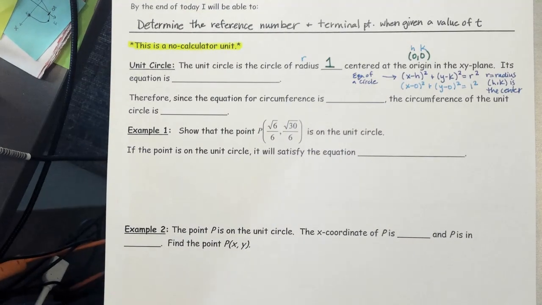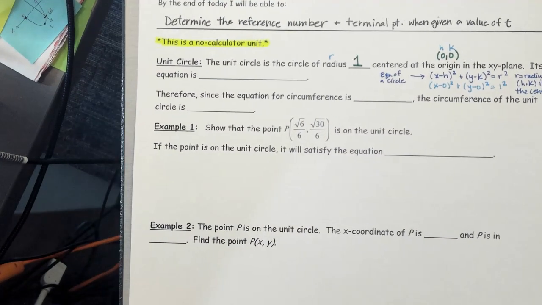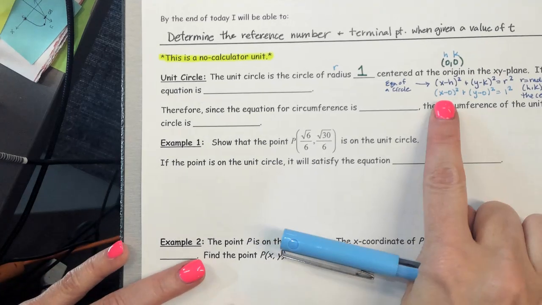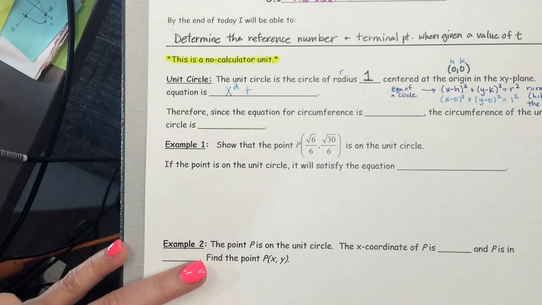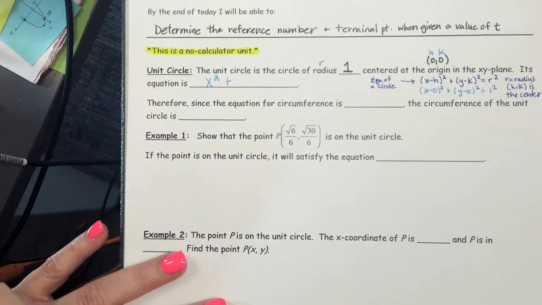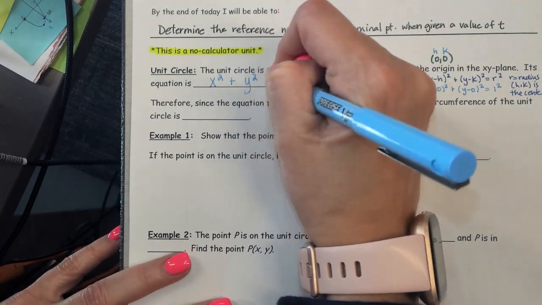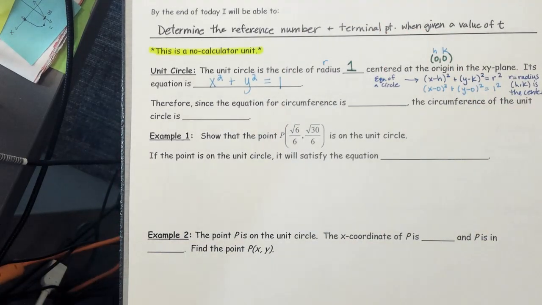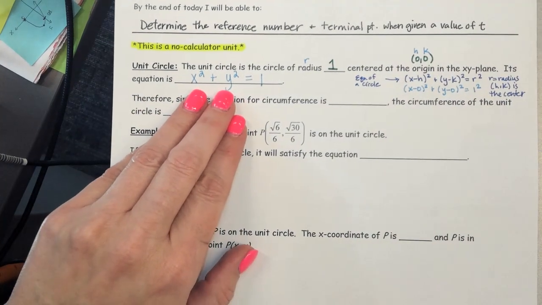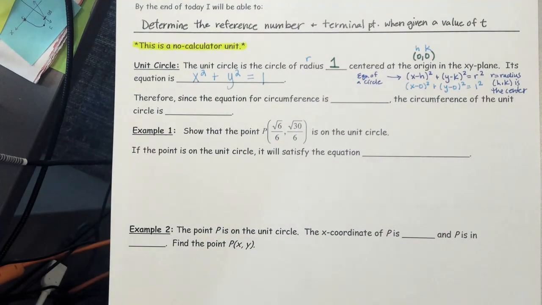And we're just going to simplify that. Okay, so x minus 0 would just be x. So that would be x squared plus y minus 0 squared would just be y squared. And then 1 squared would just be equivalent to 1. Okay, so this would be an equation for the unit circle.